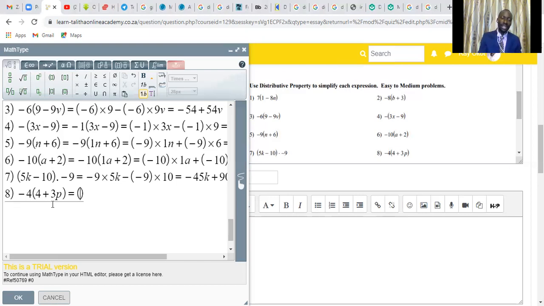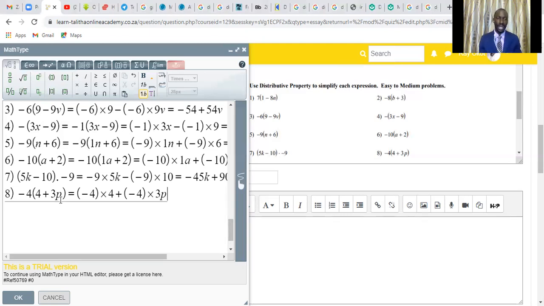And so we will be having -4 distributed onto a 4. Notice that this plus sign here is copied. And now we take -4, that is minus 4, distributed onto 3. But remember, p is attached right away.